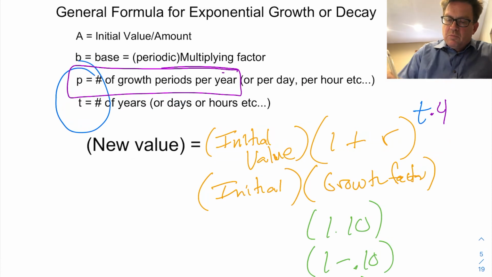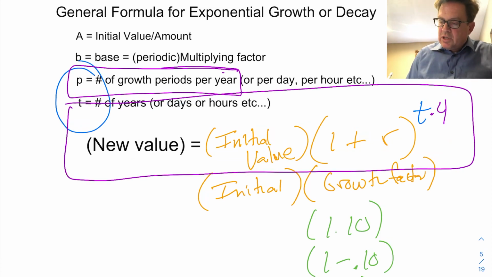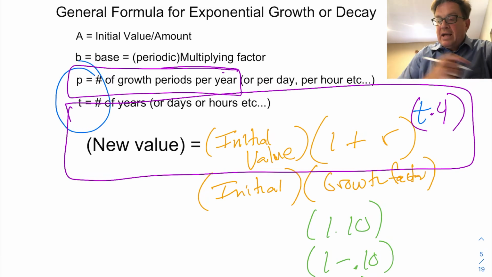So let me expand that box to get the full thing. That would mean up here in the exponent, that's the number of times we multiply by the growth factor. The number of growth periods in t years or days or whatever the units are, okay?